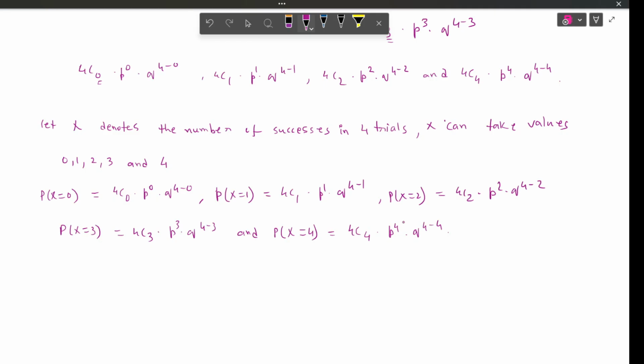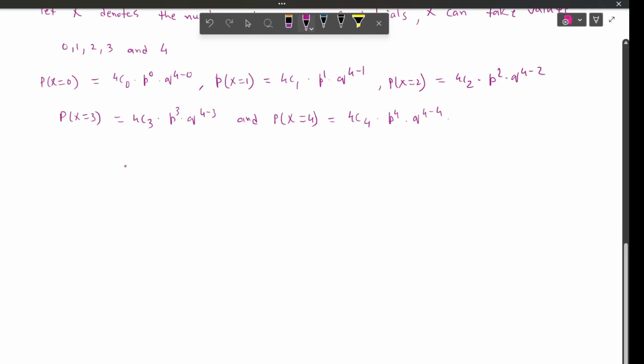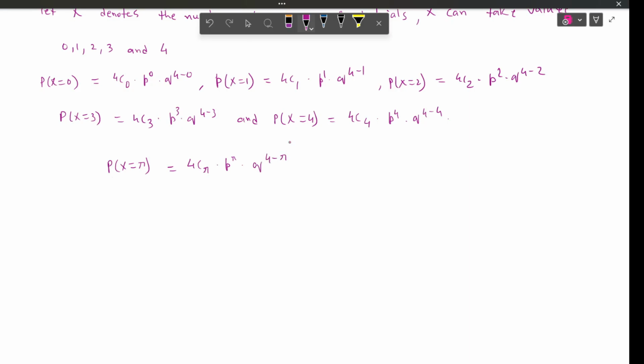Okay, so in other words we can say that P of X equals r, if we assume, then it would be 4Cr p to the power r q to the power 4 minus r, where r is 0 success, 1 success, 2 successes, 3 successes and 4 successes.